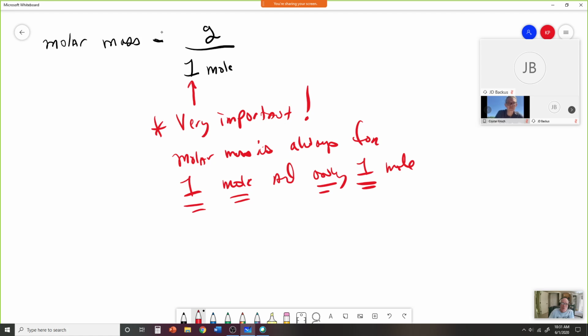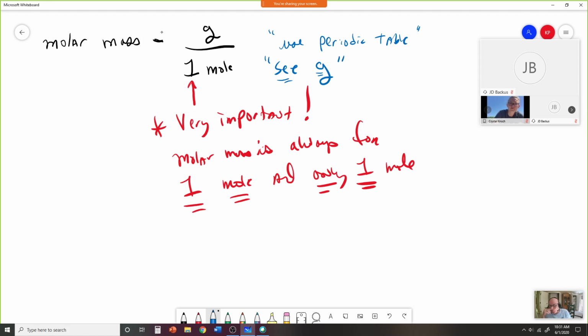How do we calculate molar mass? You use the periodic table. What you're looking for is if you see grams, this is our keyword.